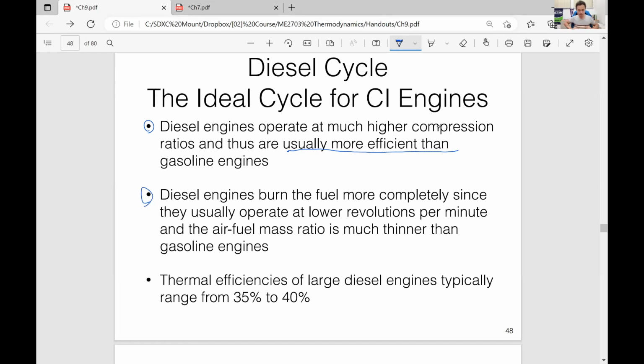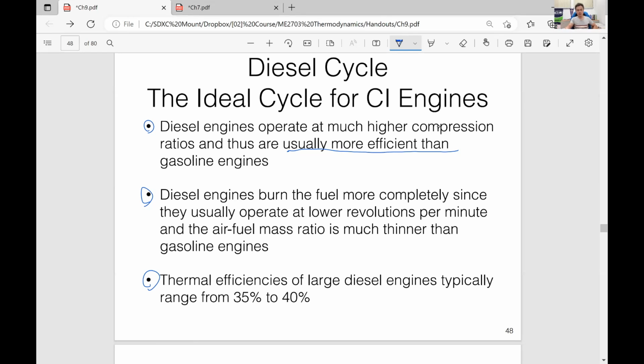Now look at this. Diesel engines burn the fuel more completely since they usually operate at low revolutions per minute, and the air-fuel mass ratio is much thinner than in gasoline engines. So this is about fuel, about some chemistry. The thermal efficiency of large diesel engines typically ranges from 35% to 40%.